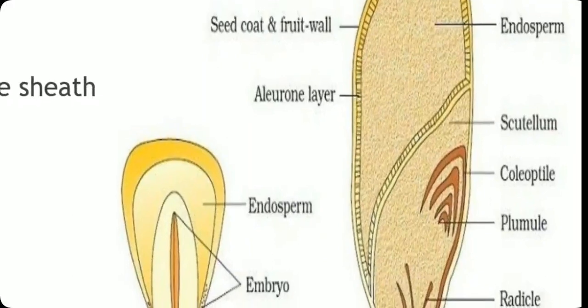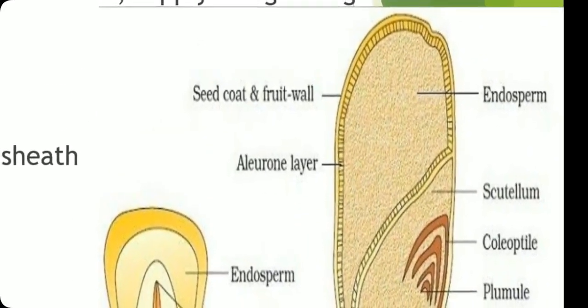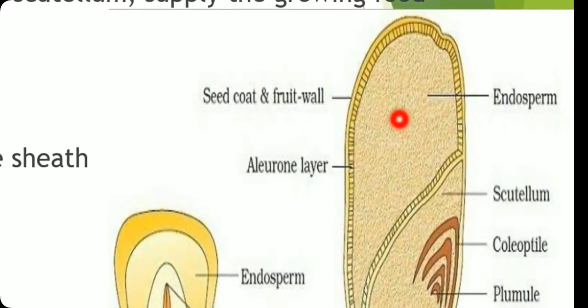The endosperm stores food material mainly in the form of starch. But here you can see the line pattern, which is actually another layer, called the aleurone layer. This aleurone layer contains protein. So this part stores food in the form of starch, and this aleurone layer stores food in the form of protein.